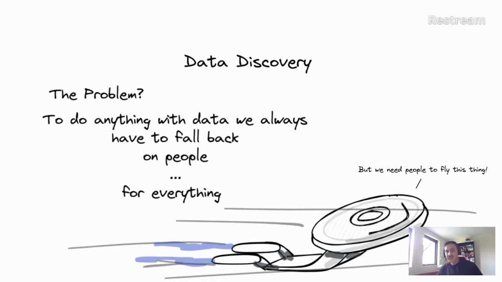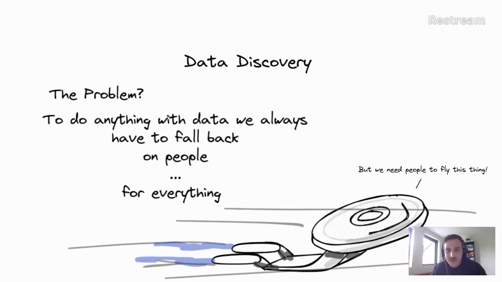For us, this boils down to one problem: to do anything with data, we always have to fall back on people for everything. And of course, you need people. They are our starting points, and they are also our endpoints, and we need them in the middle. We need them everywhere, but you should not need them for everything, each time.